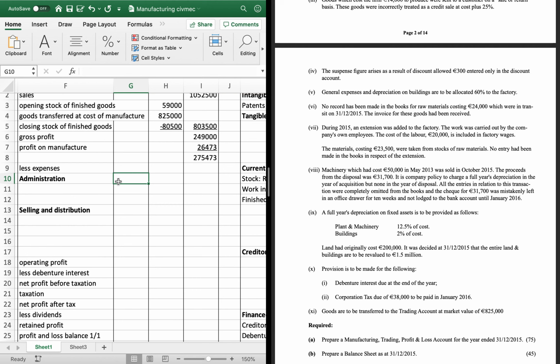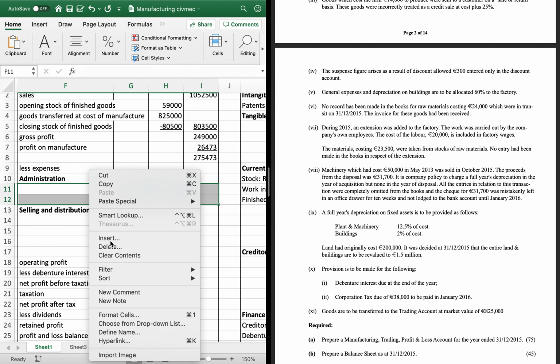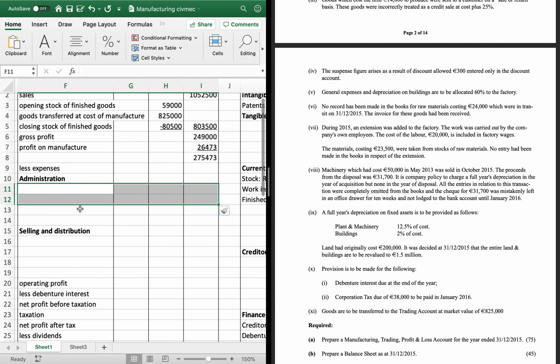Okay, so you then have to add in your administration expense. We'll do our administration expenses next. So from admin, we've way more than normal. Okay, so I'm not going to have enough room with two there. So we certainly have depreciation of buildings, and we have our general expenses.